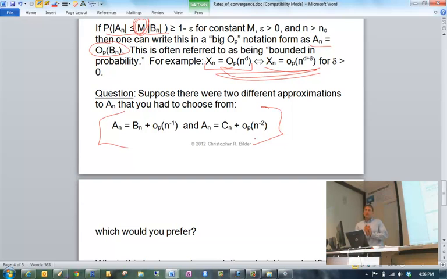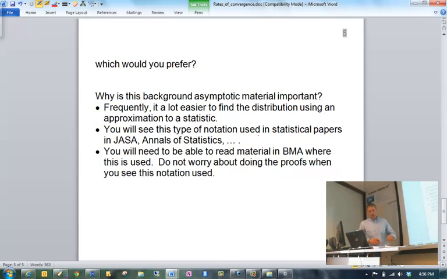Which would you prefer, C sub n or B sub n, to approximate A sub n? C sub n. So we want this one. So again, why is this important? Well, frequently it's a lot easier to find a distribution using an approximation to a statistic rather than the statistic directly.